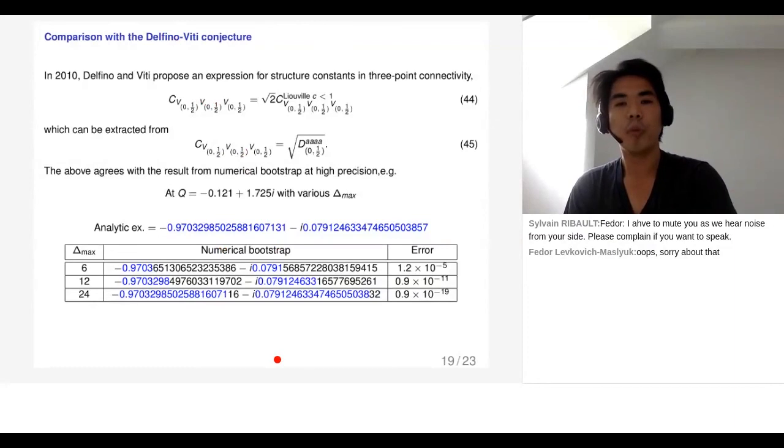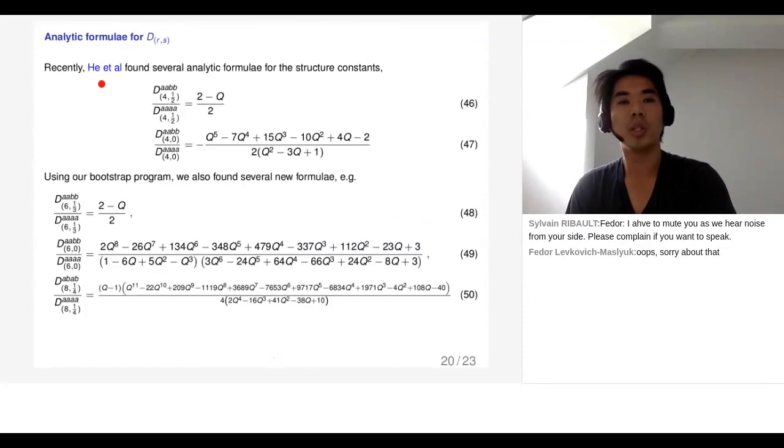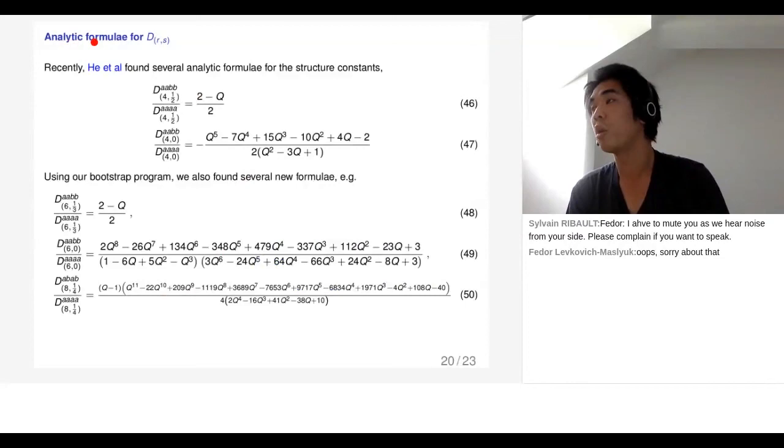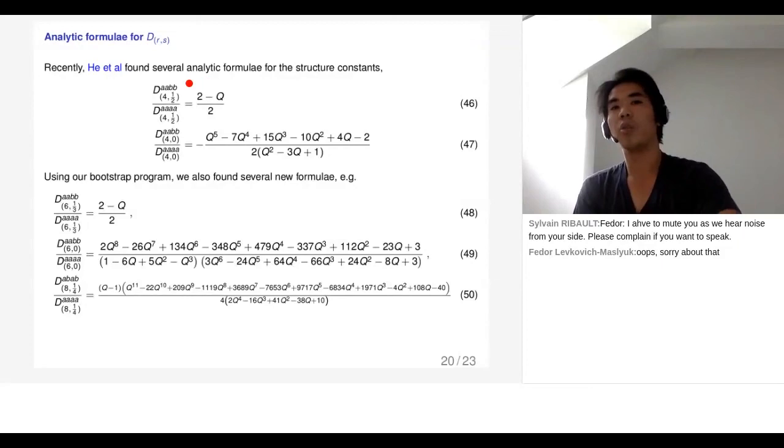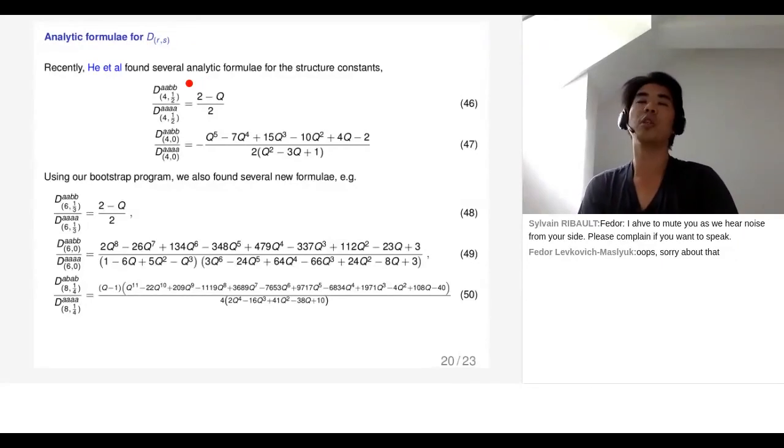And so the last thing I want to show you here is the analytic formula for the structure constant in these 4-point connectivities. So recently, He, Grans-Nielsen, Jacobsen, and Saleur found several analytic formulae for the structure constant in these 4-point connectivities by some computations on the lattice.